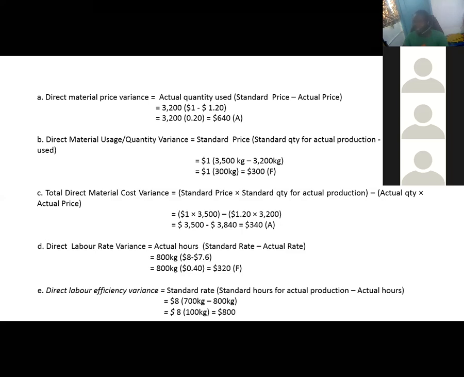The moment you do the subtraction and you get a negative figure, at the end of the day, after doing your multiplication, for instance when we multiply 3,200 by 0.20, we are getting 640. Please do not write negative 0.20.